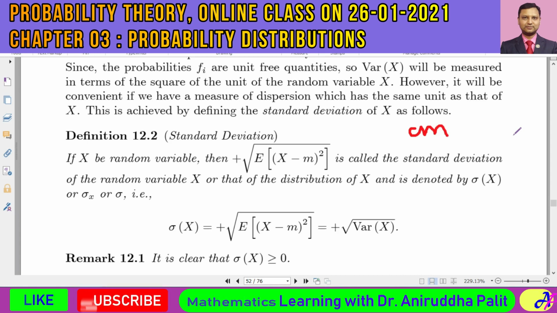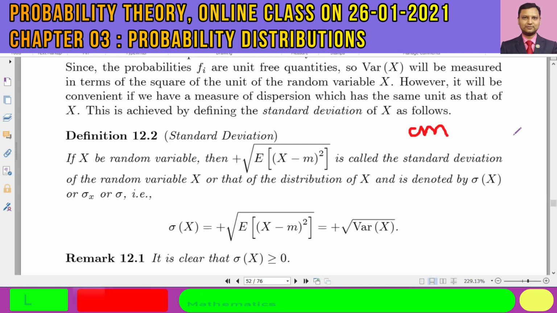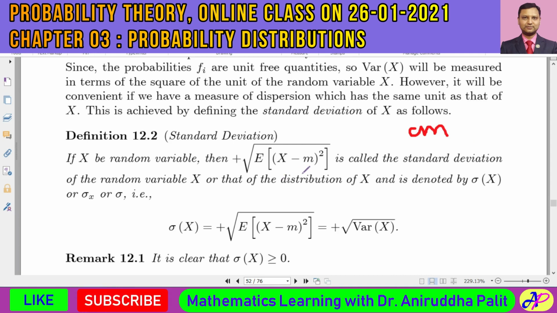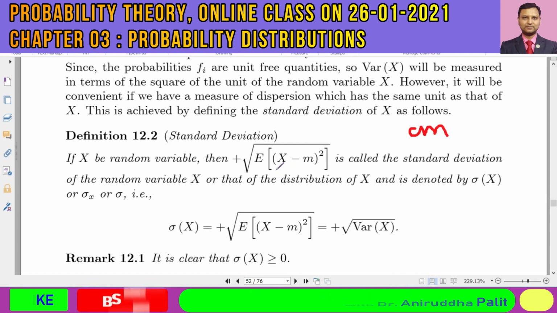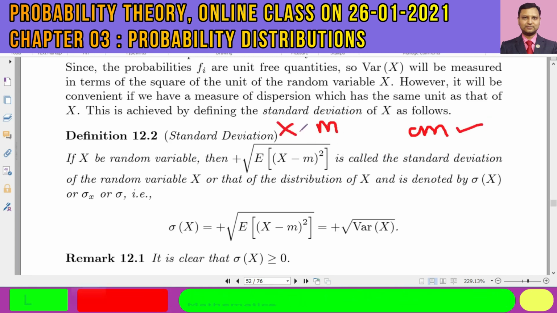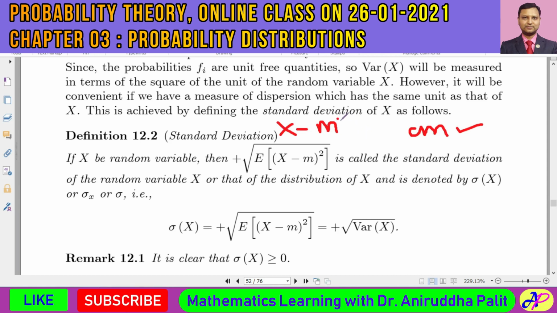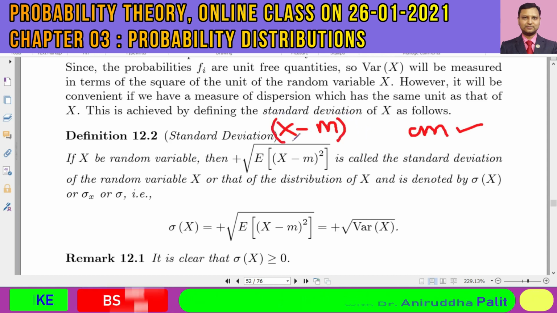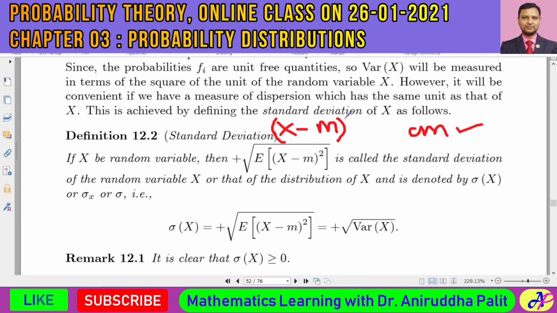For the sake of discussion, I'm considering centimeter. Since m is the mean value, it is also in centimeter, and therefore x minus m is also in centimeter, and its square is in centimeter square.